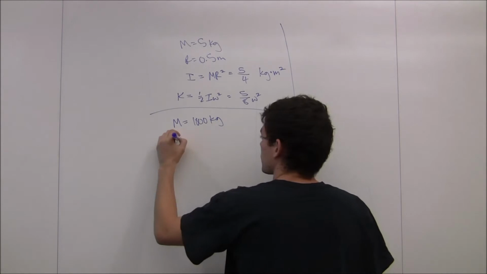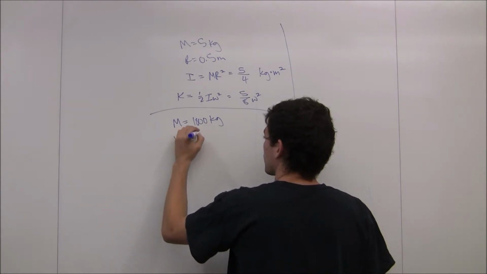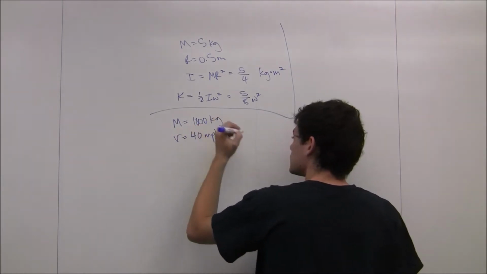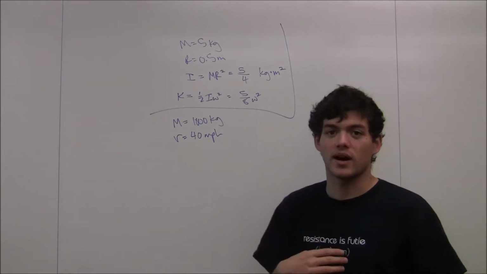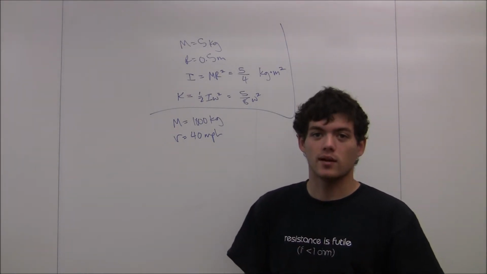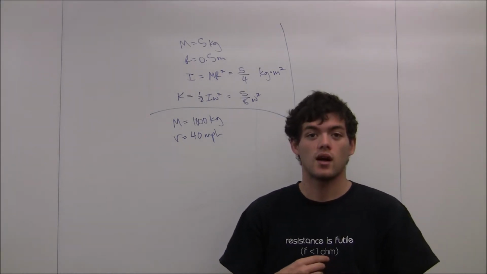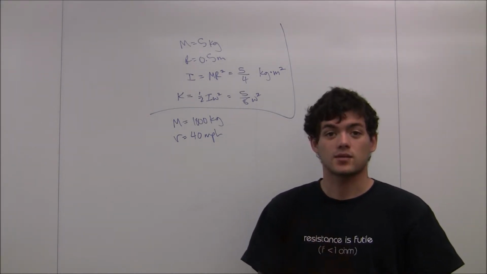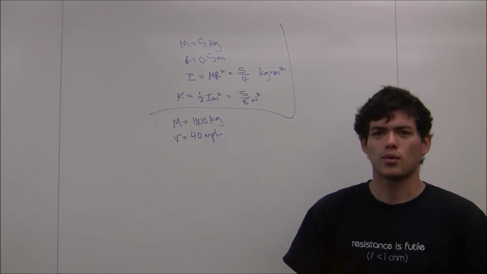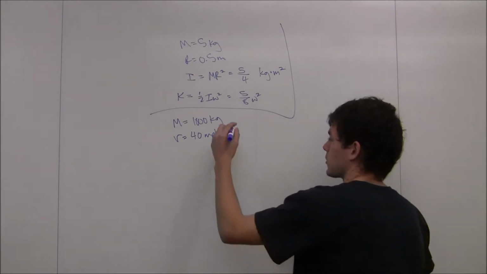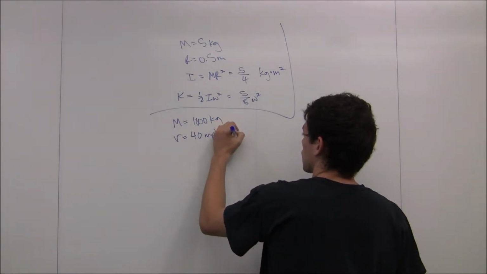We're going to say that the car is going to have a velocity of about 40 miles per hour, which if you multiply by 1,600 meters per mile, and then divide by 3,600 seconds per hour, you get approximately 18 meters per second, which I'm going to round up to 20 meters per second.